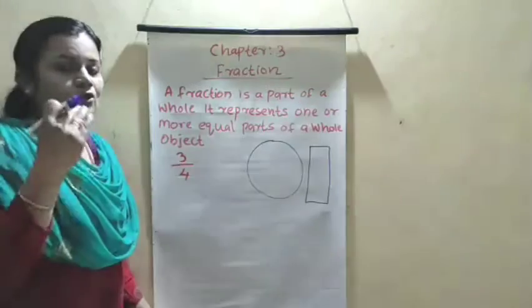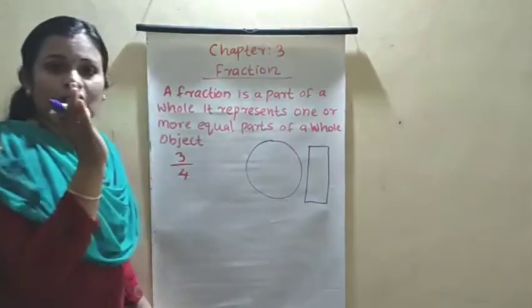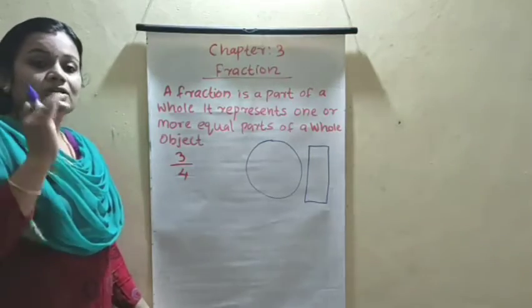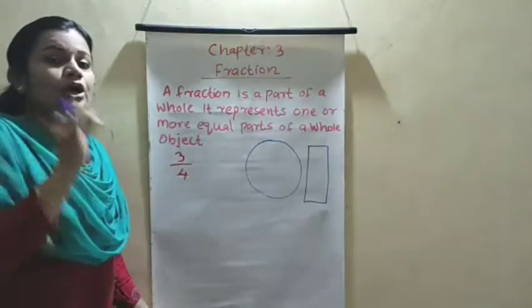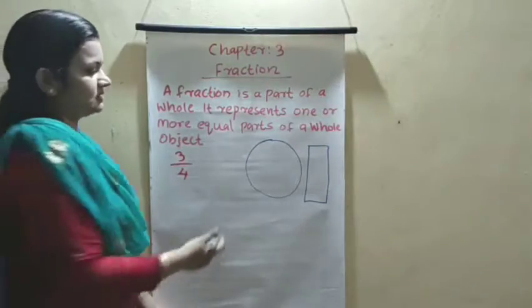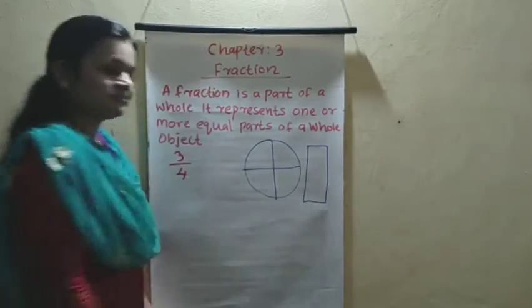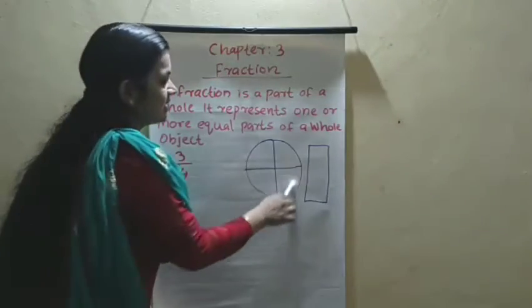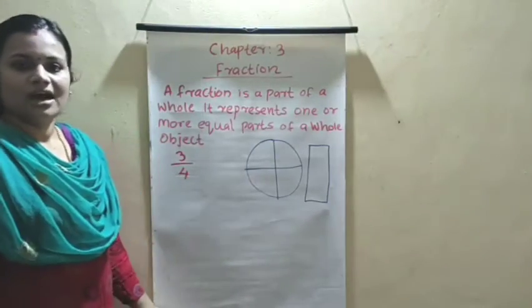First of all, this whole is divided into equal parts. Don't make unequal parts; we make equal parts. How many parts are here? 1, 2, 3, 4. Understand?